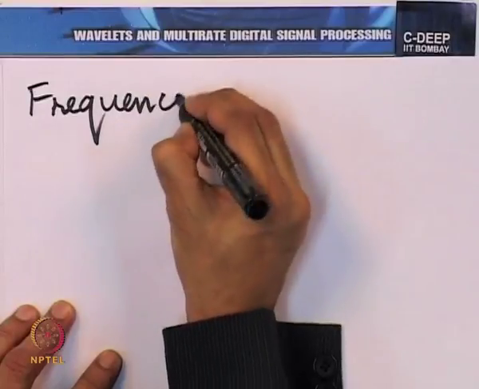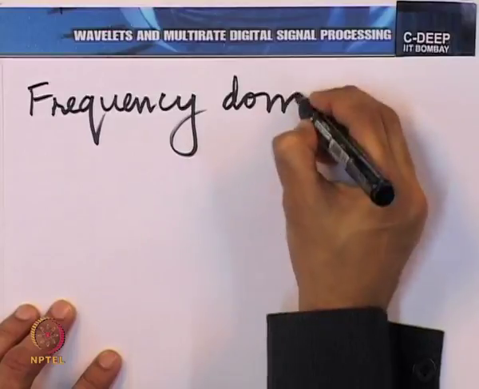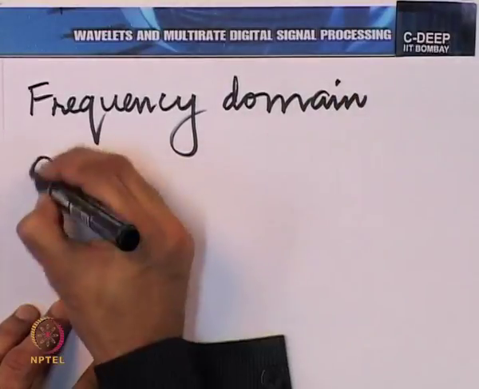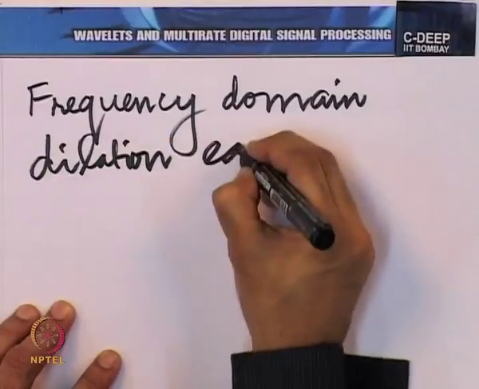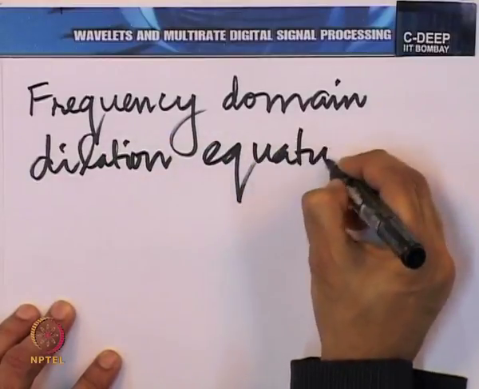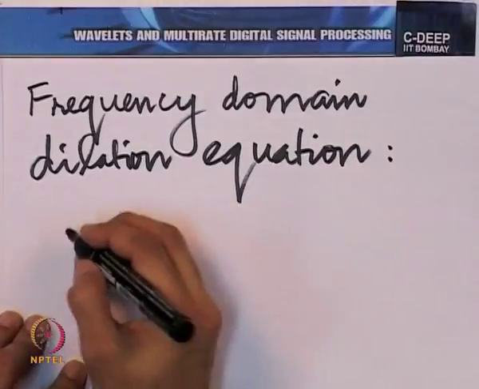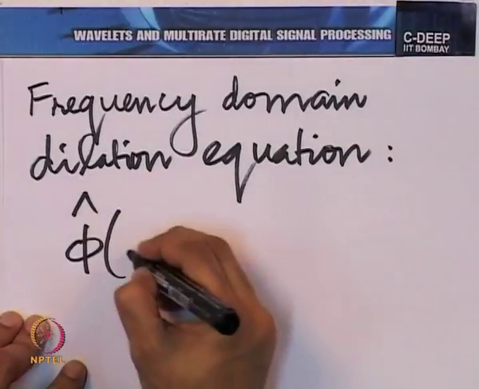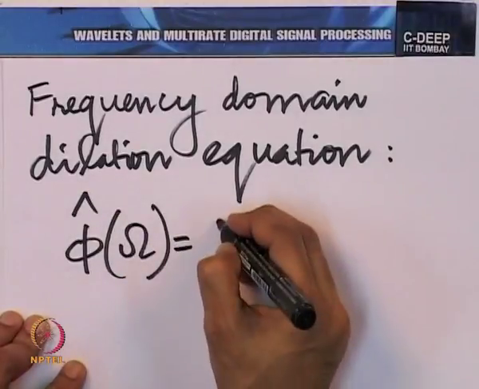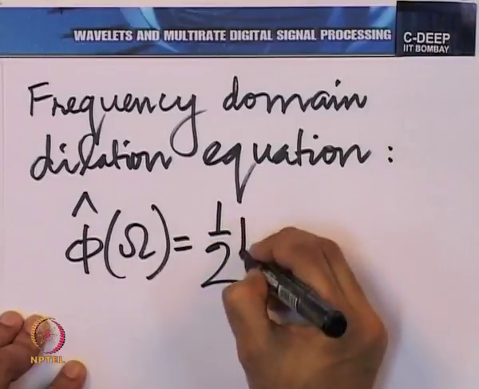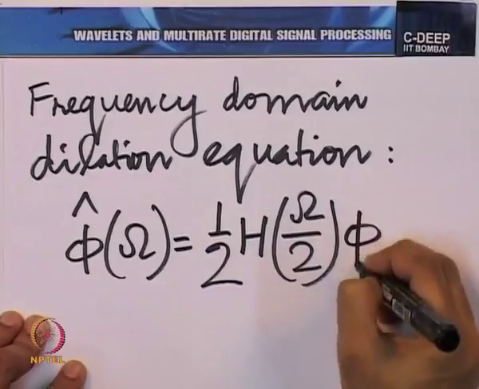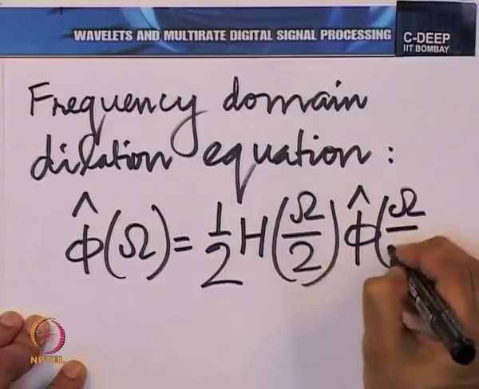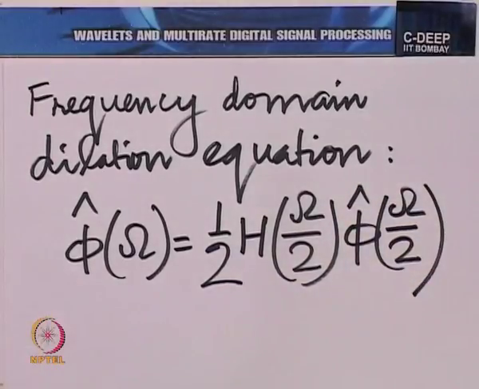The frequency domain dilation equation is phi cap capital omega is half capital H evaluated at omega by 2 times phi cap evaluated at capital omega by 2.